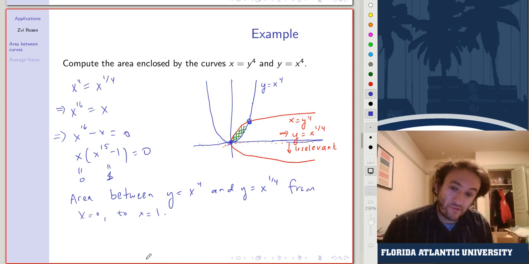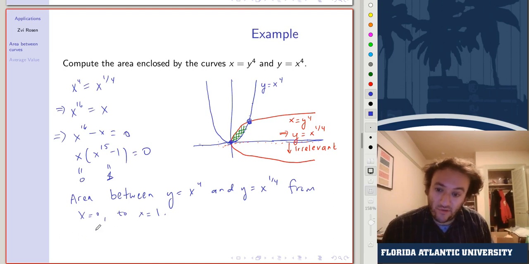And to do that, we use our formula for precisely this setup. You take the integral from 0 to 1 of the larger minus the smaller. So in this case, x to the 1/4 is actually the larger, minus x to the 4th dx.